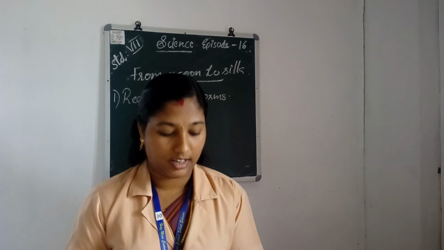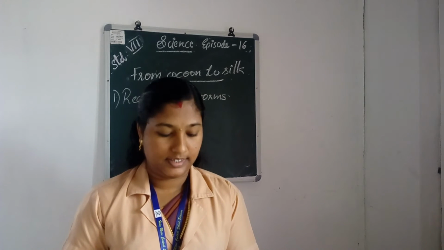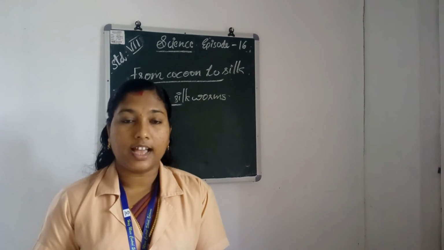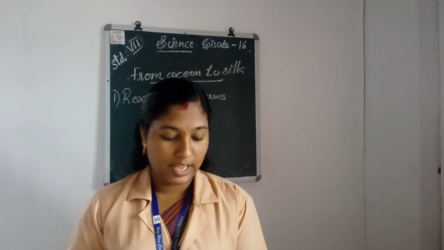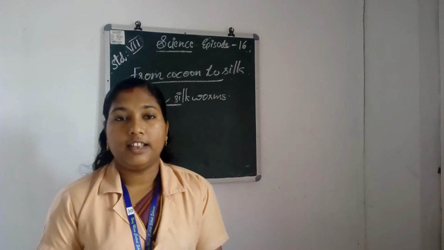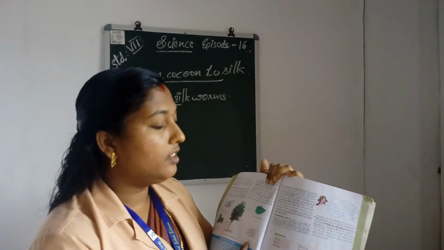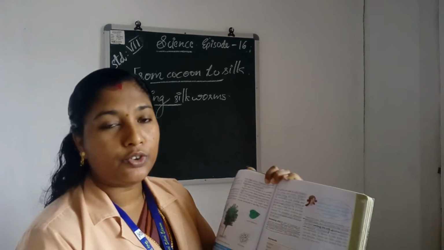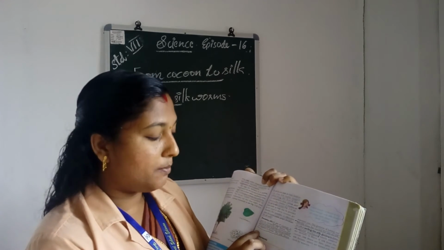How to process the silk? A pile of cocoons is used for obtaining silk fibers. The cocoons are kept under the sun or boiled or exposed to steam. Then the cocoons from the silkworms are used to make the silk fibers. First of all, what do the farmers do?